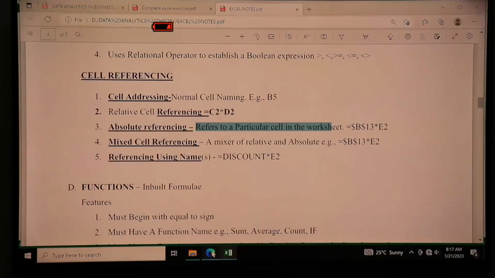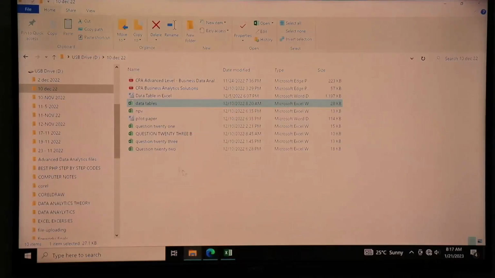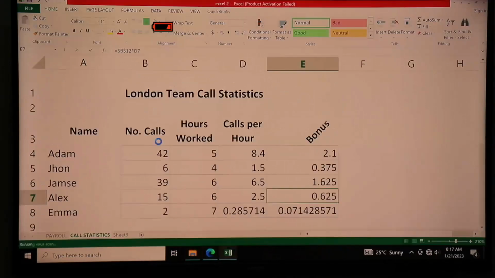The next reference is where we reference using a name. Another very important aspect of reference. This is another thing that will help you, especially when you are told to produce a dashboard. Sometimes the examiner is very fond of asking this. There was one question that actually required you to make a dashboard. I think it was question 23? Let me check.